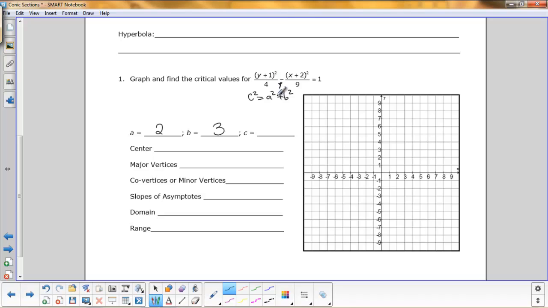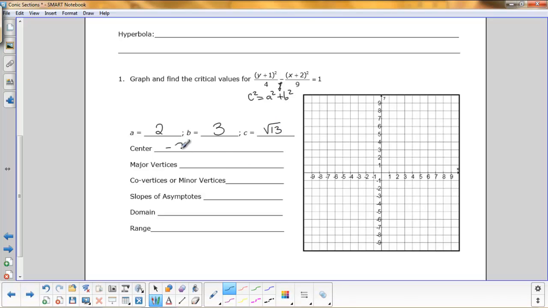Remember to use that shortcut to remind yourself which one goes with which. It is always the opposite symbol. That is 9 plus 4, which is 13, so c is the square root of 13.